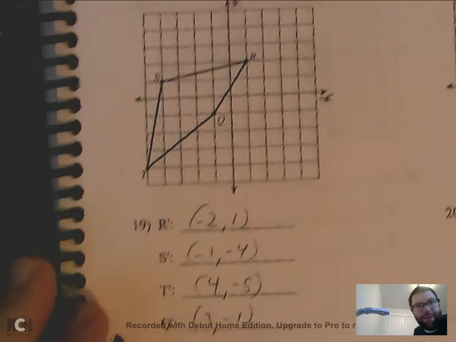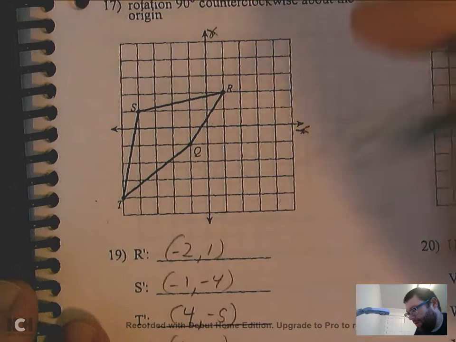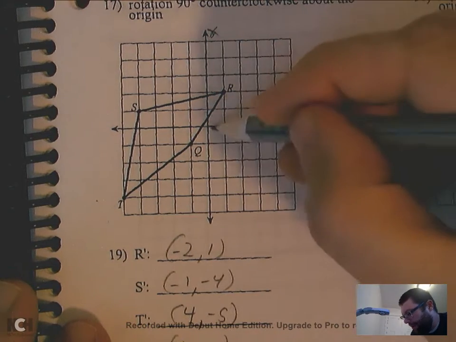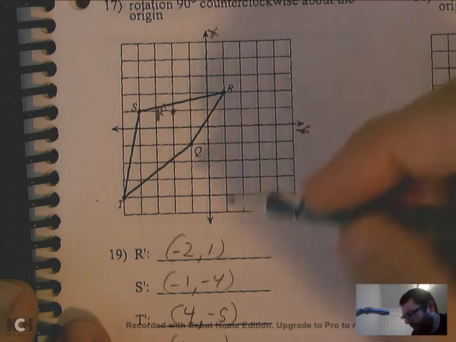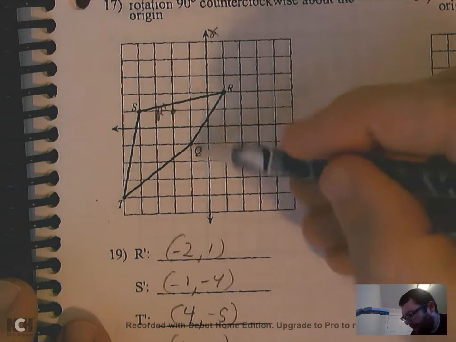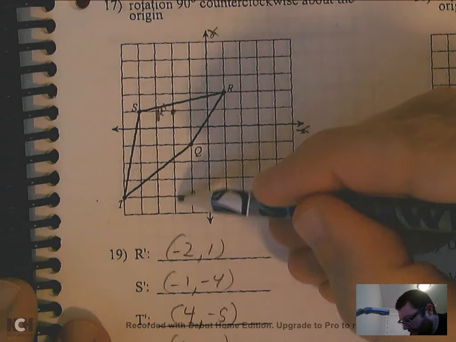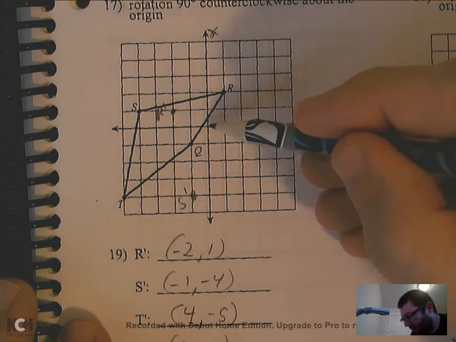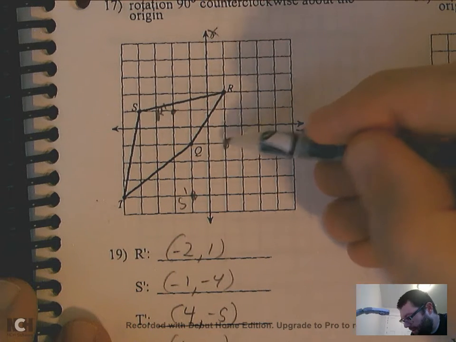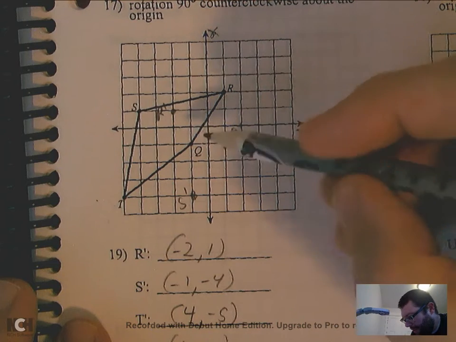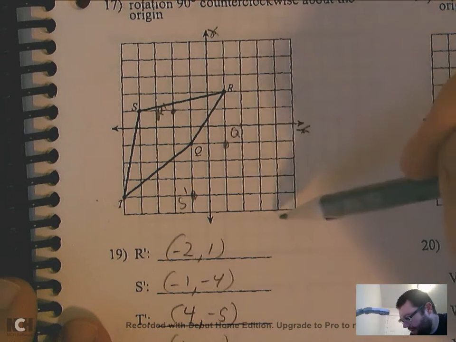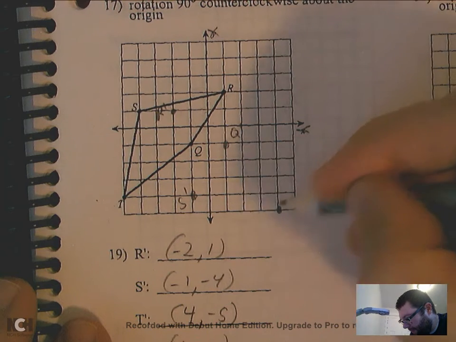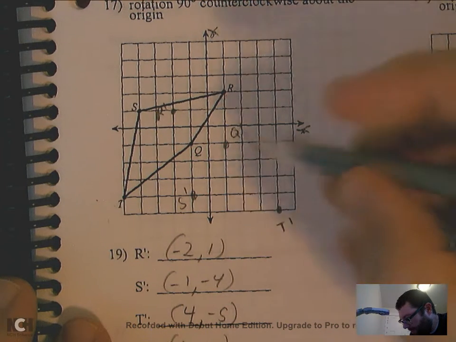Okay? So, if I were to then graph these points, negative 2, 1, that's R prime. S is negative 1, negative 4, there's S prime. Q was 1, negative 1, there's Q prime. And T is 4, negative 5. And there's T prime.